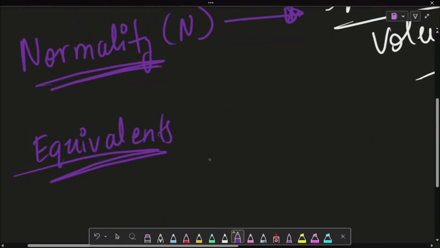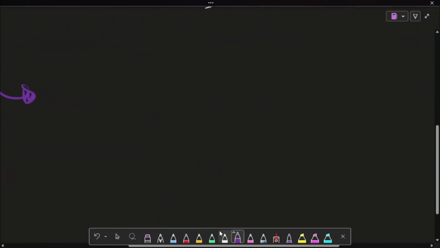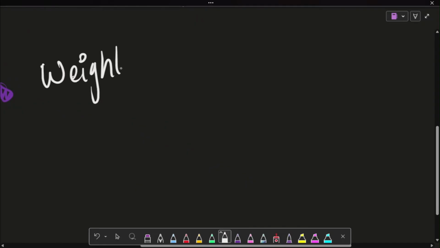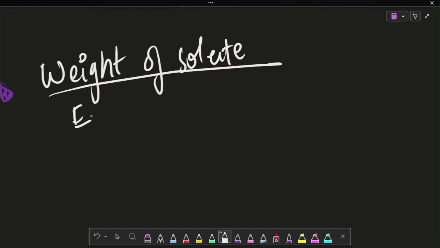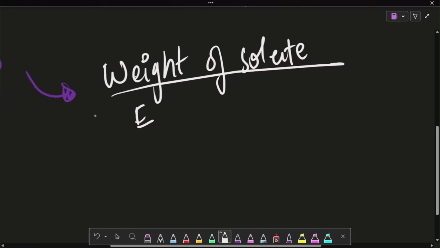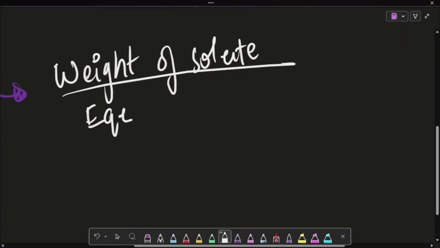That's nothing but weight of solute divided by equivalent weight of solute.